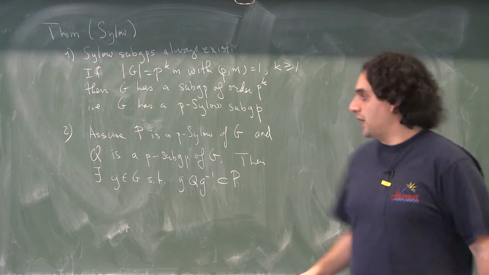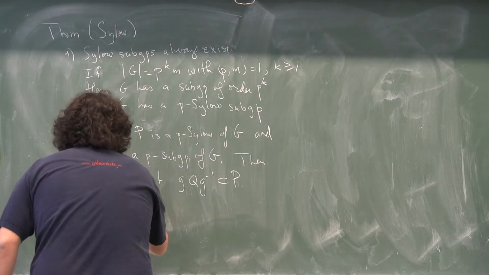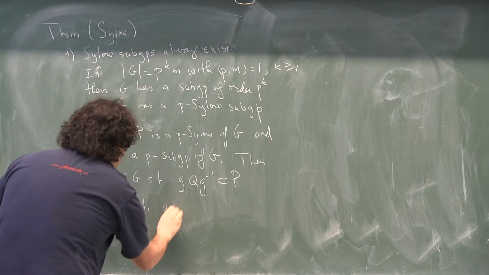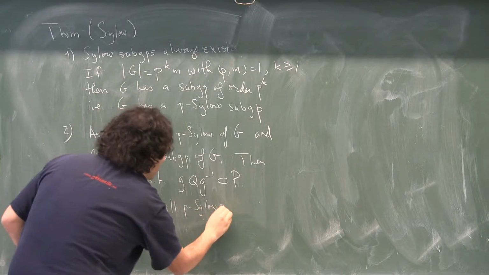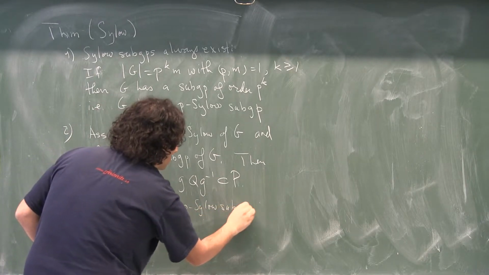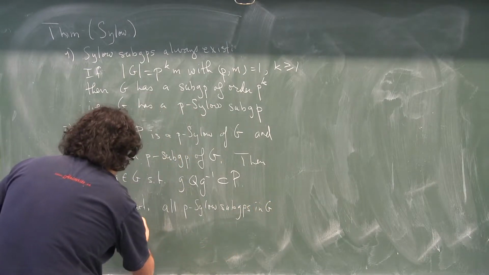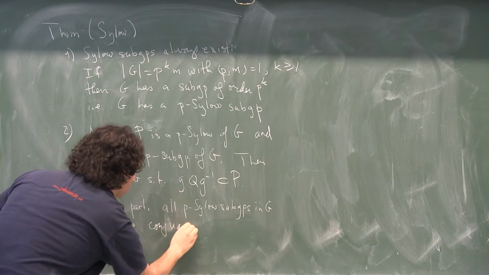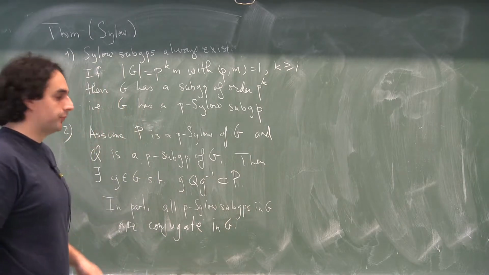So what is this saying? Well, an important special case to remember: in particular, all P Sylow subgroups in G are conjugate in G. Okay?